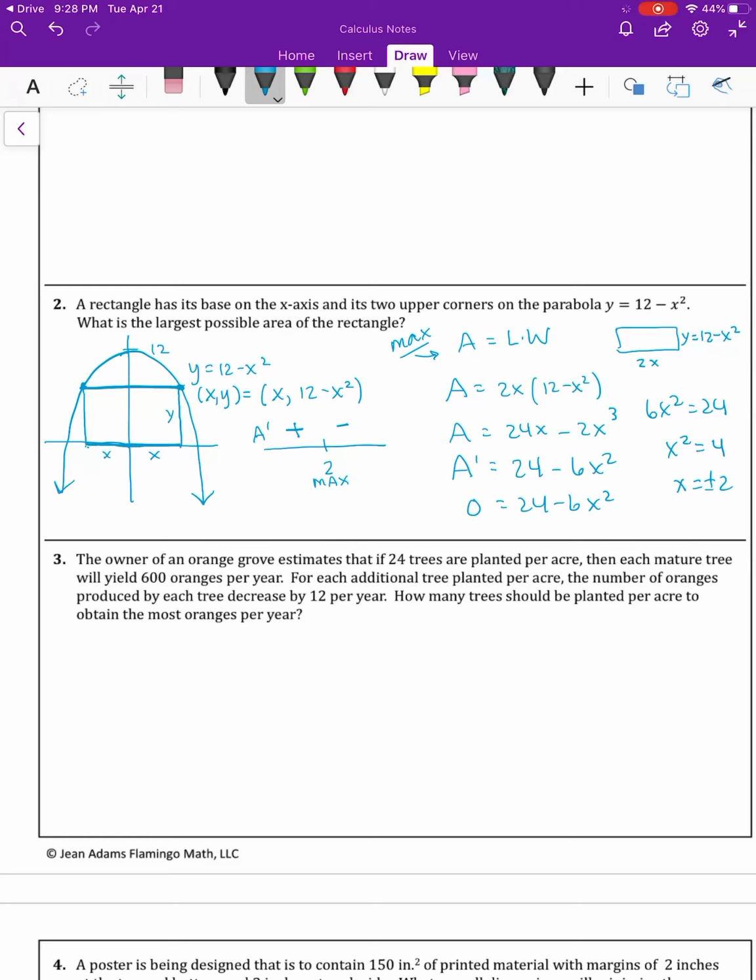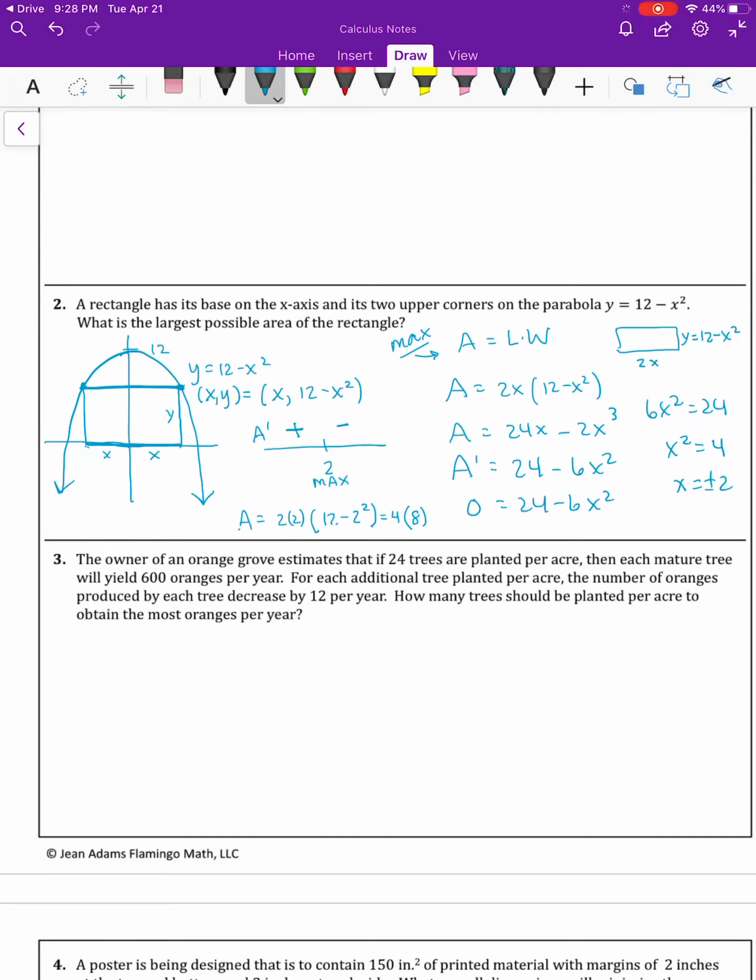And then I just want to make sure that that's a maximum. So I'm going to put a 1 into my derivative, and 24 minus 6 is a positive 18. I'm going to put a 3 in my derivative, and 24 minus 6 times 9 is going to be a negative value. So I do know that by the first derivative test, I do have a maximum. And so it says, what is the largest possible area?